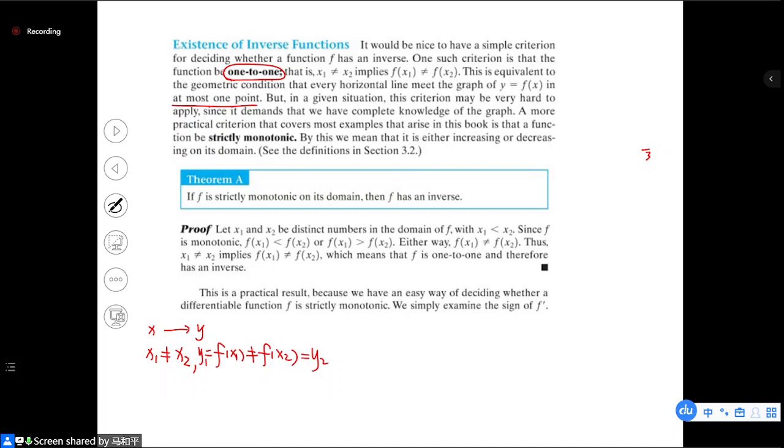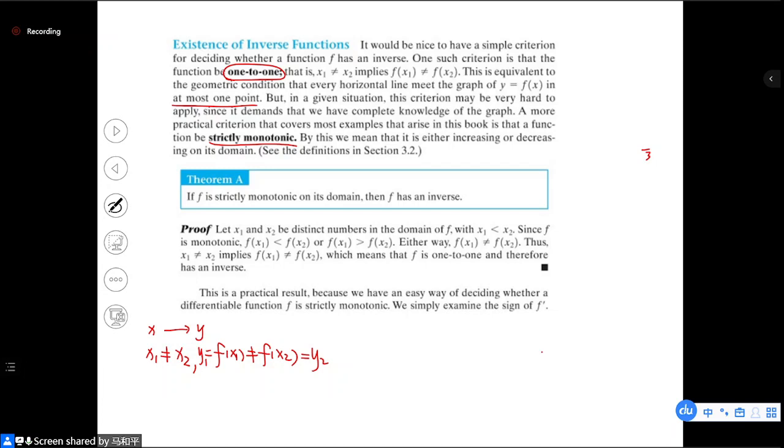A more practical criterion that covers most examples that arise in this book is that a function should be strictly monotonic. By this we mean that it is either increasing or decreasing on its domain.